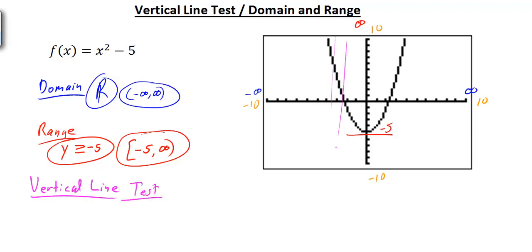If I draw a vertical line anywhere through here, how many times does each vertical line cross the graph? Well, if we notice, it's only going to cross the graph each time at one point. So if you can draw a vertical line anywhere on the graph and it only crosses at one point, then that tells us that this is going to be a function.